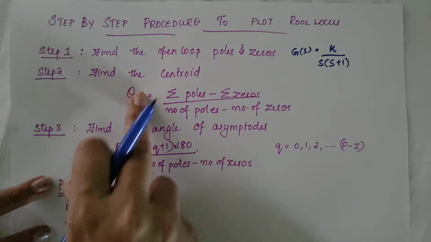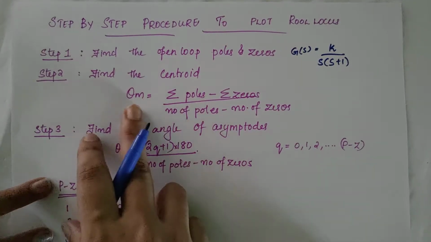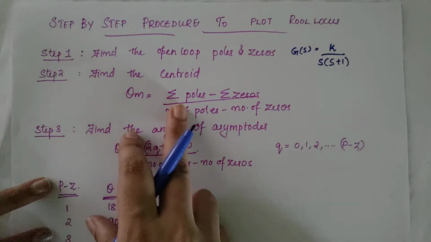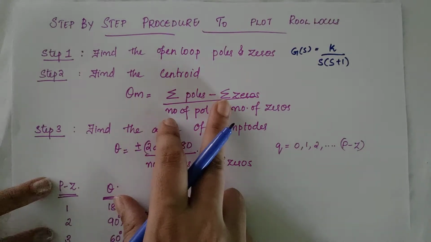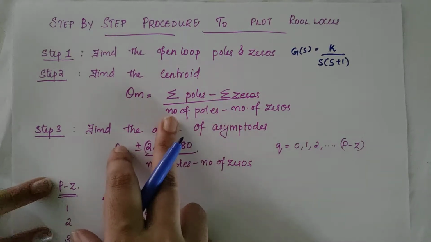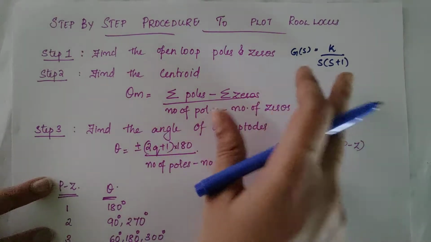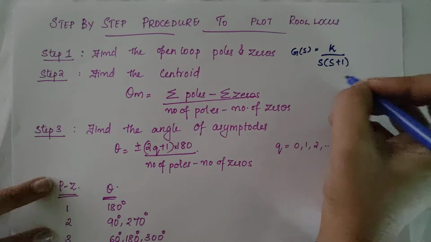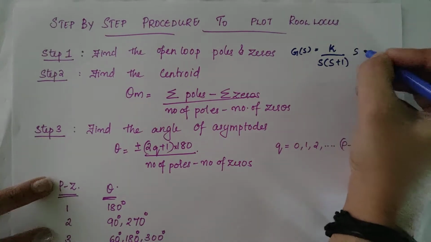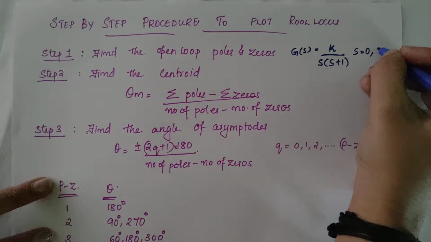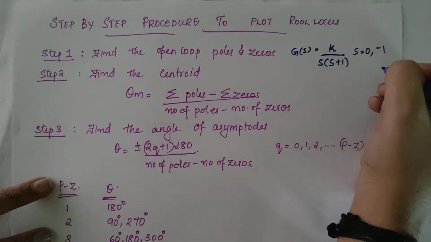Then you should find the centroid, and the centroid is given by summation of poles minus summation of zeros divided by number of poles minus number of zeros. For this question I have the poles as s is equal to 0 and s is equal to minus 1.